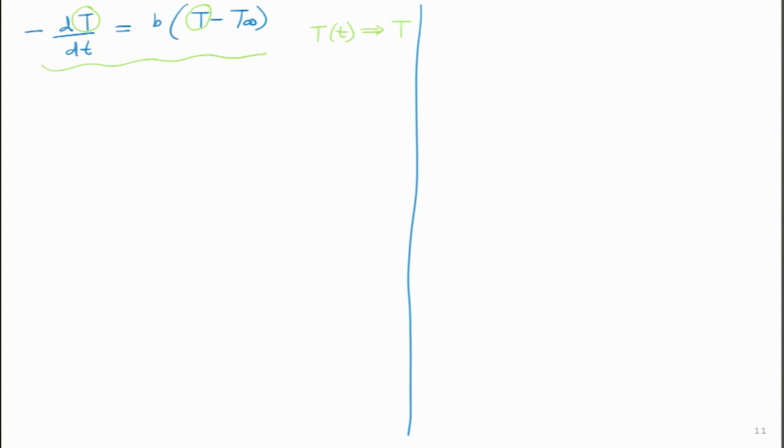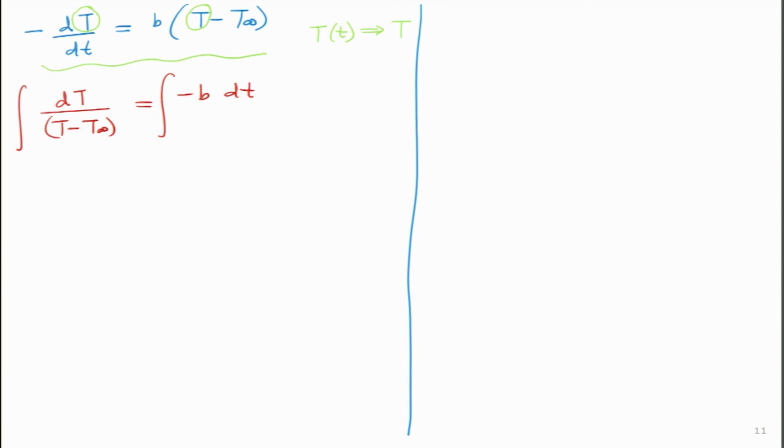We will perform one integral. So, what we get over here is dT divided by (T minus T infinity) on the left hand side, and on the right hand side we have this, right. We are just moving the variables around, and let us perform an integral on both sides.